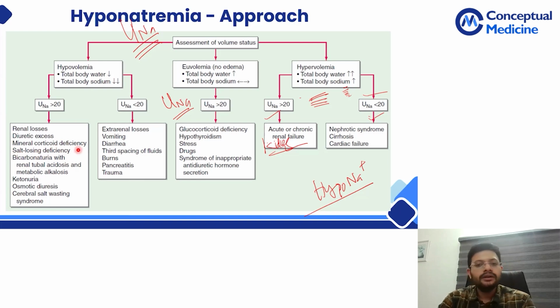Your renal tubular acidosis, your ketonuria, any osmotic diuresis, the cerebral salt wasting syndrome, all different kinds of diseases where there is a problem leading to dehydration.